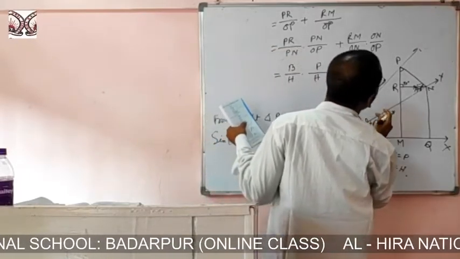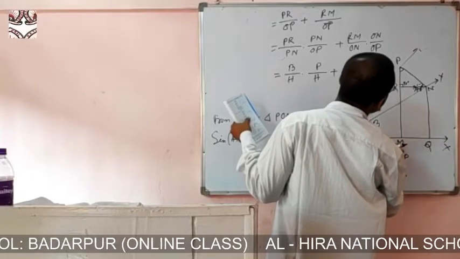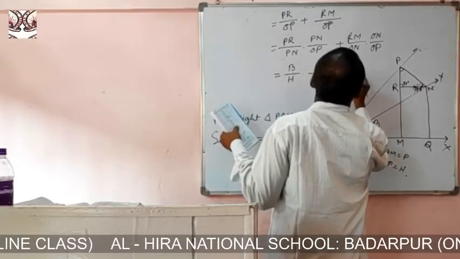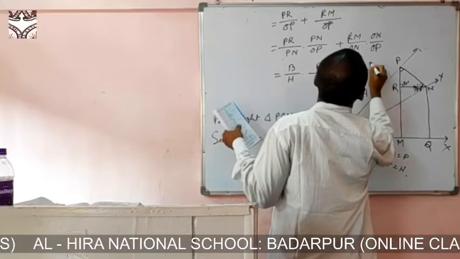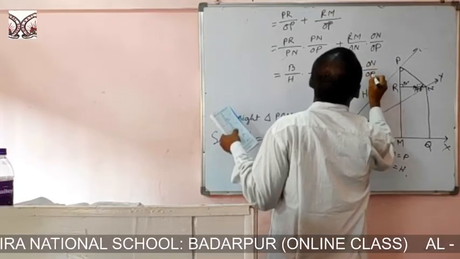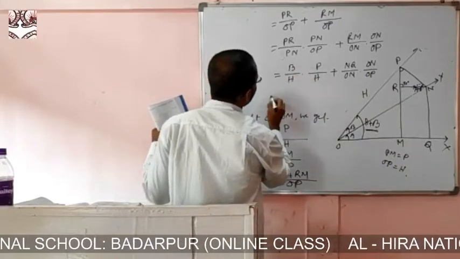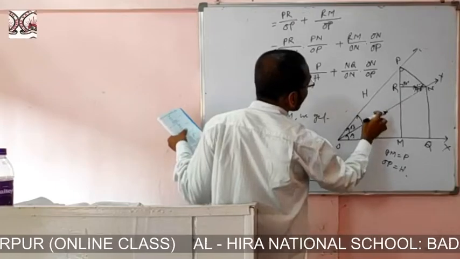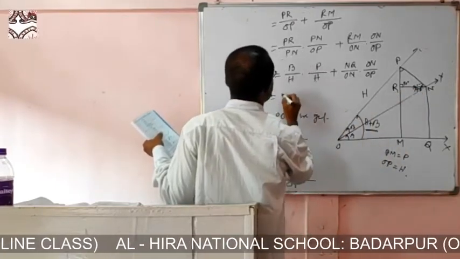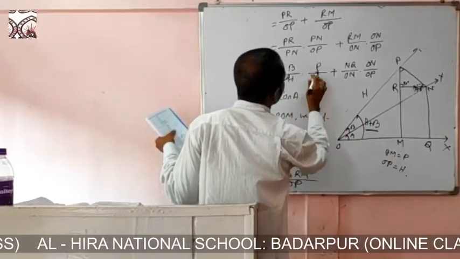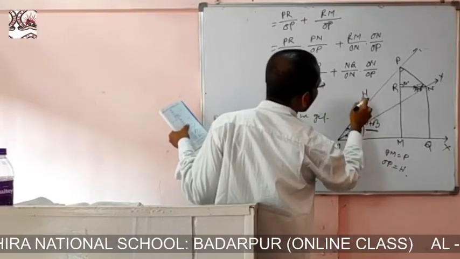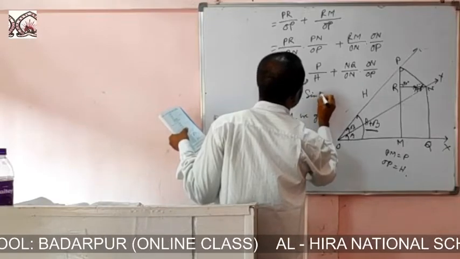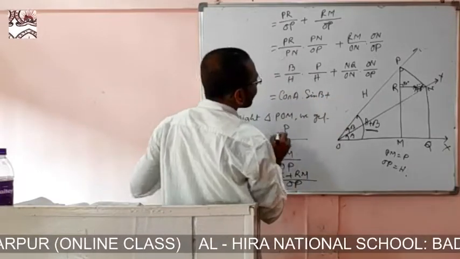In place of RM we can write NQ, NQ by ON into ON by OP. So B by H is cos, and this angle is A, so this is cos A, and this angle will be B. Then cos A sin B plus NQ by ON.